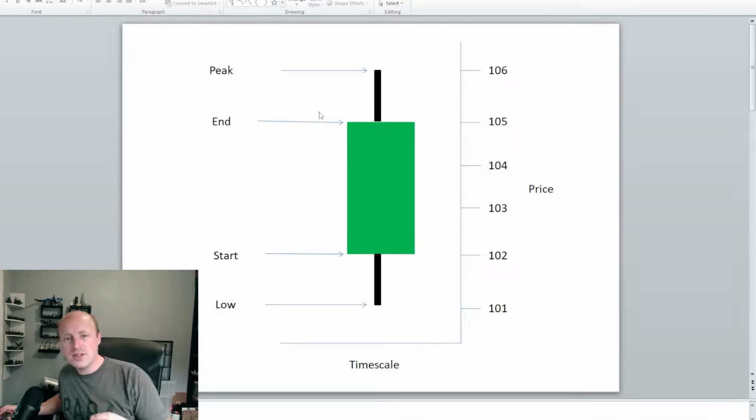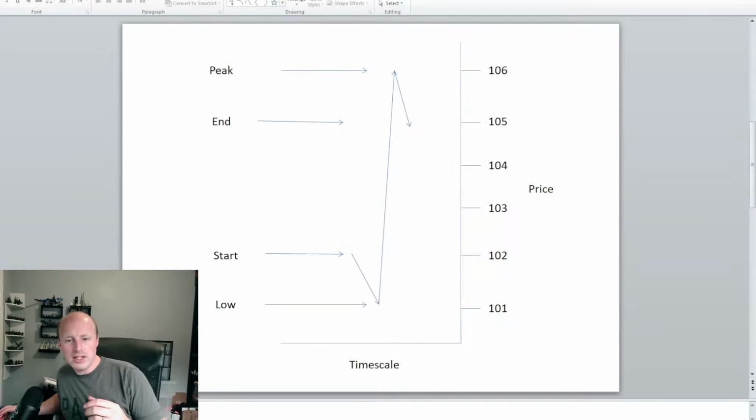And at the end of the day, when this particular time period closed, the price ended at 105. So just to give you an idea of how that might look on a line graph: the price started at 102, it dropped down to 101, it climbed up to 106, and it finished at 105.